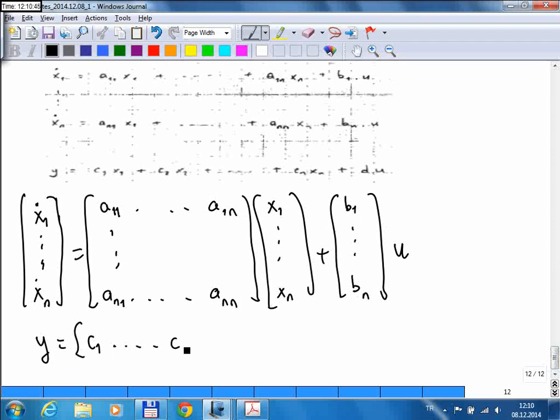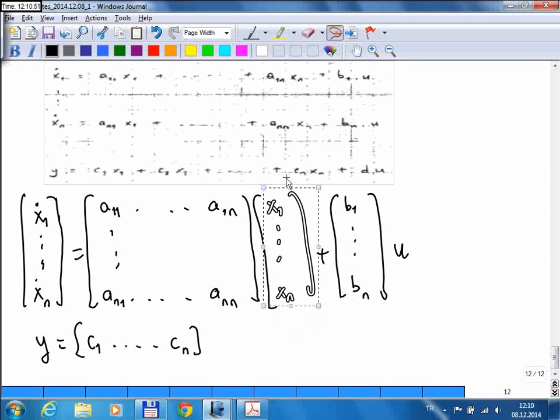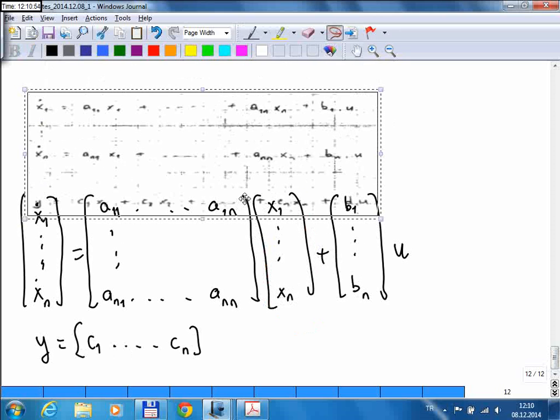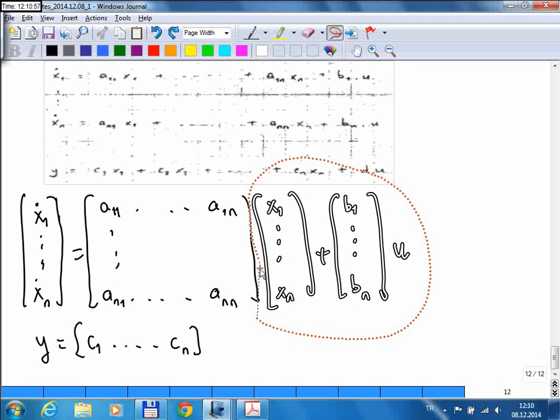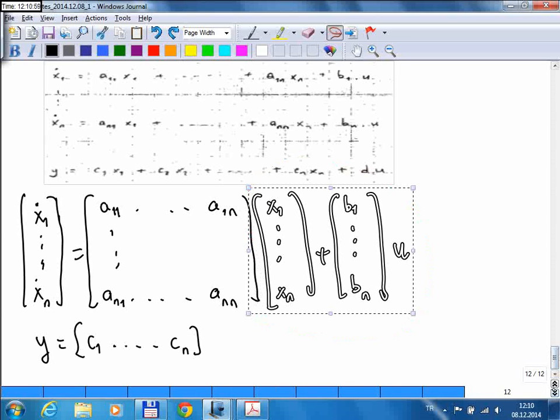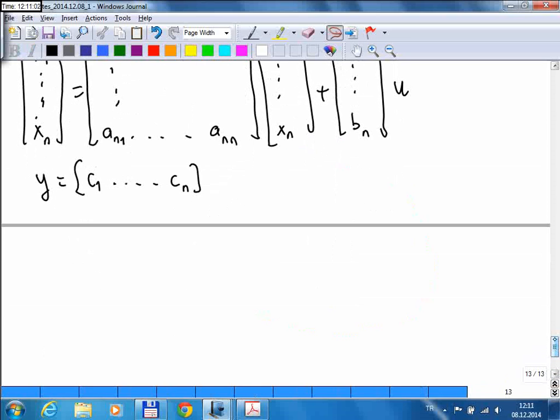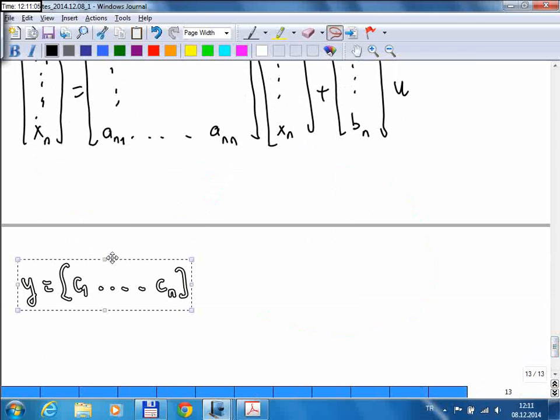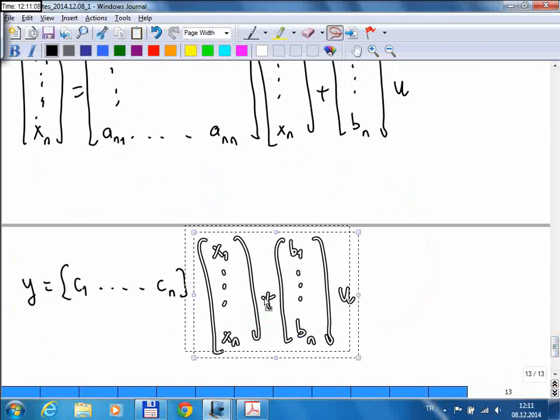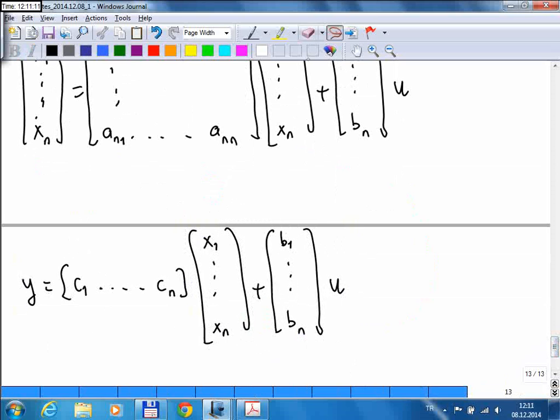C1 to Cn times the state, plus d1 and dn. So these are different numbers. They don't have to be the same numbers as before.